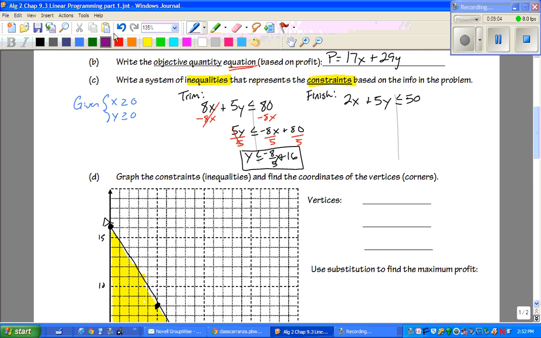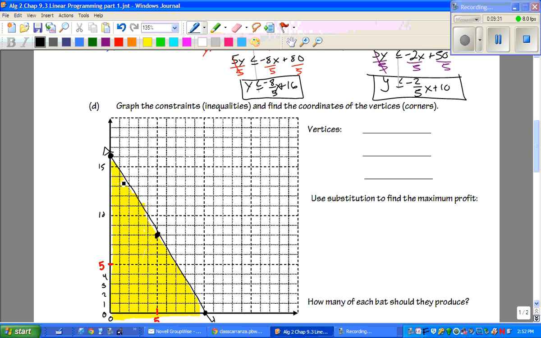Now we have to solve for the other equation. Subtract the 2x. Divide everything by 5. And you get y is less than or equal to negative 2/5 x plus 10. So starting at positive 10, and then you go down 2 over 5, down 2 over 5.